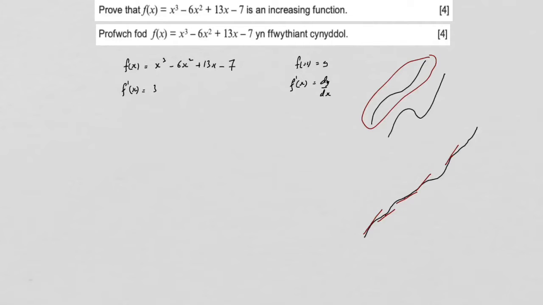So that is 3x squared minus 6 times 2x plus 13, which is 3x squared minus 12x plus 13.